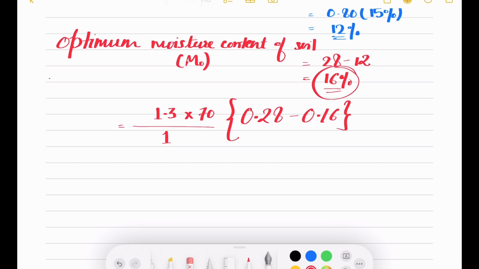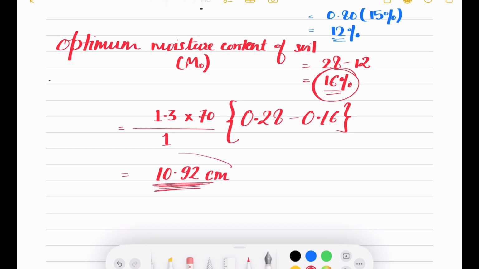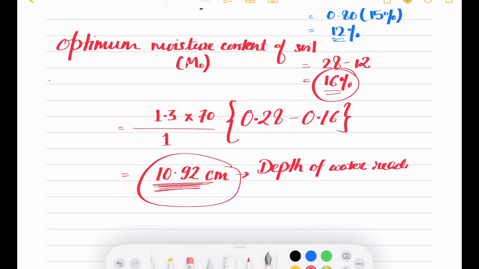So solving it, the answer will be 10.92 centimeters available, right? This is the depth of water that is readily available in soil.